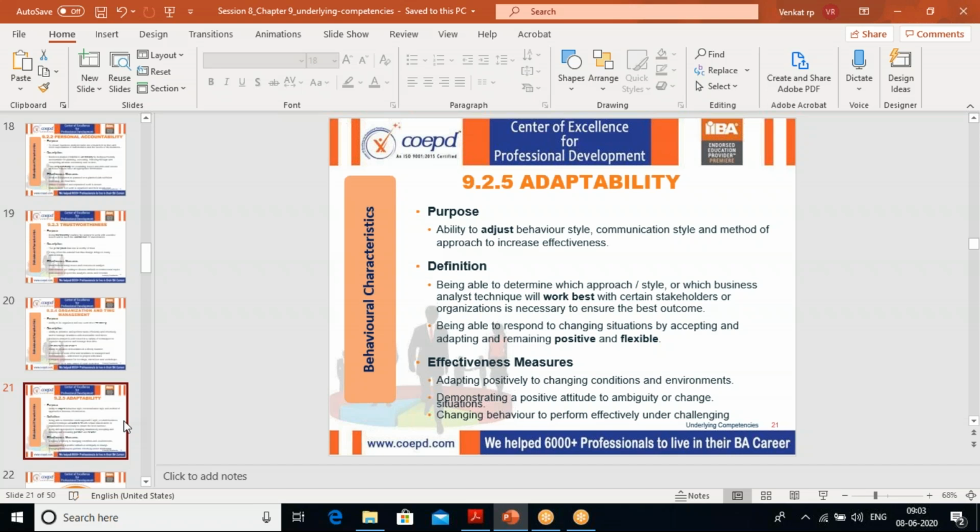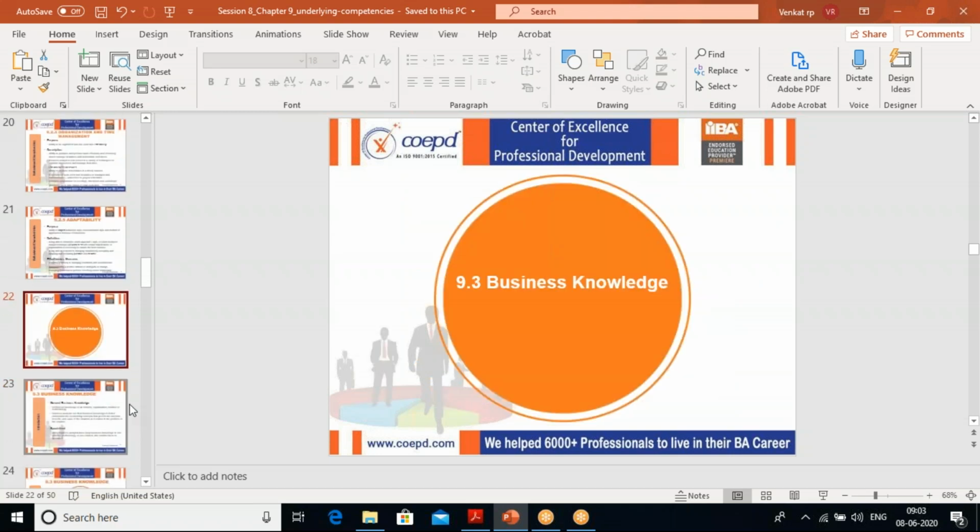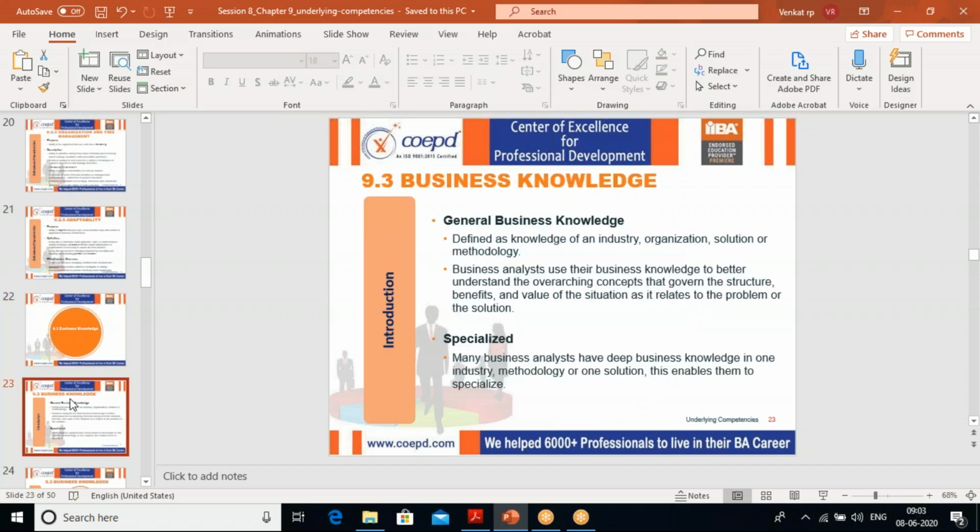So this is the behavioral characteristics which we have to adopt. Okay, and the next one is business knowledge. Before we get into working on any project, we should know the industry, the organization, and the methodologies they follow.